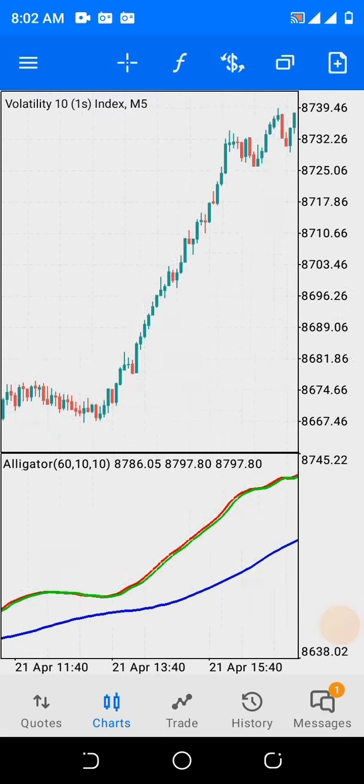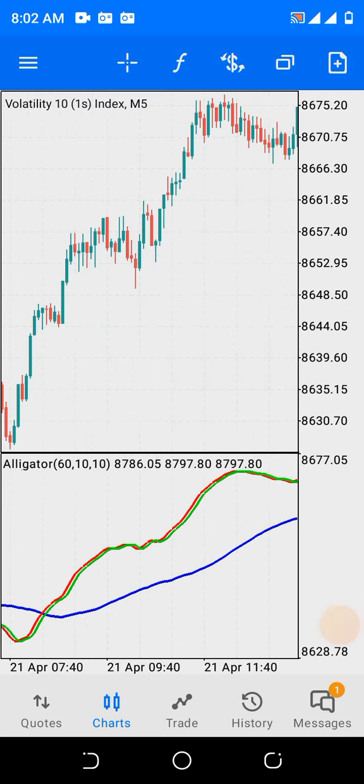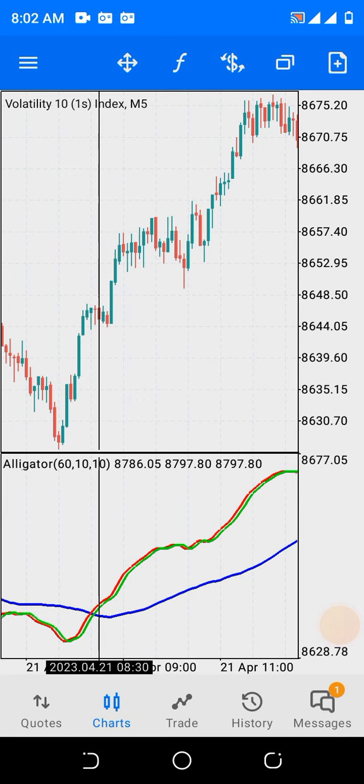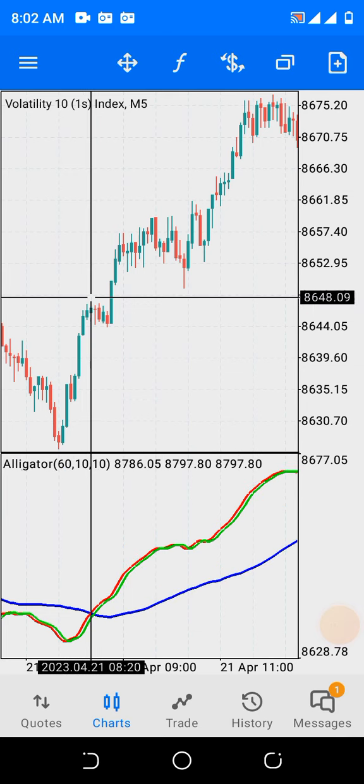Do you understand? Look at this. This is where you make your buy entry. You made your buy entry at this point where the correction occurs.